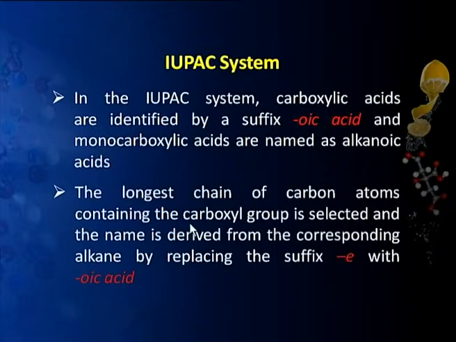The rules are: the longest chain of carbon atoms containing the carboxyl group is selected, and the name is derived from the corresponding alkane by replacing the suffix E with oic acid. So we take the longest chain, then according to that alkane it becomes alkanoic acid. E is replaced by oic acid.